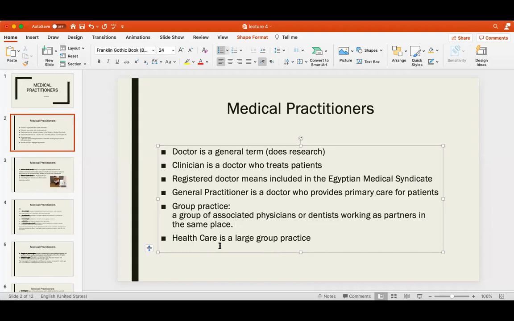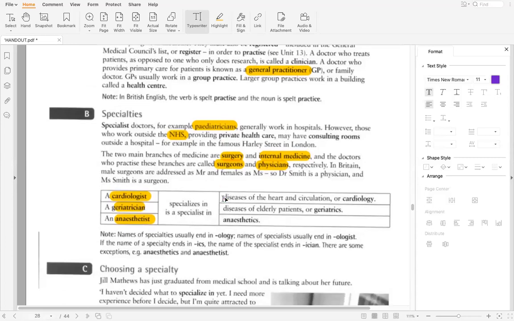That is a building with different doctors in different fields. This is health care. In British English, the verb is spelled practise with S, and the noun is spelled practice with C. All right?